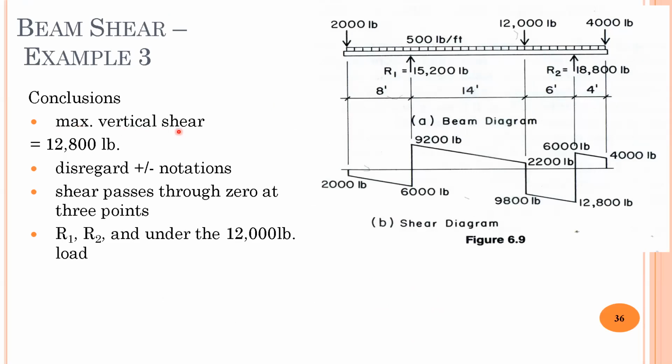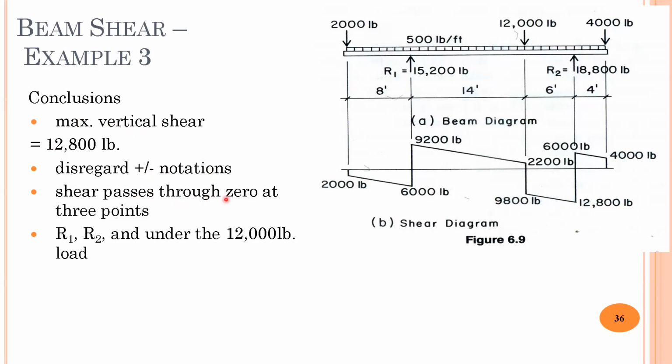So the maximum vertical shear is what we have here. It is 12,800. It's really minus still, but ignoring the value, that's really the maximum shear, disregarding plus or negative notation.